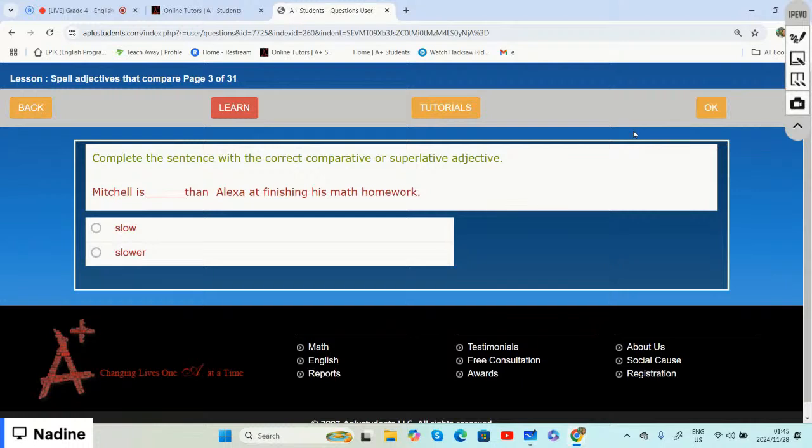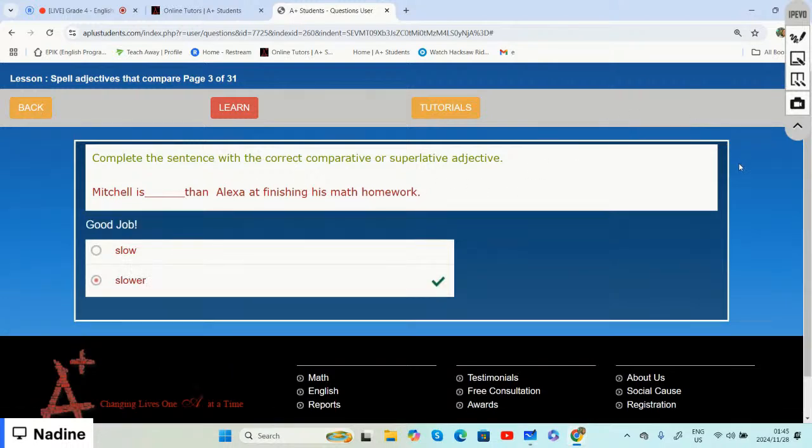And if we were to choose the correct option, then yes, we will say Mitchell is slower than Alexa at finishing his math homework. Well done.